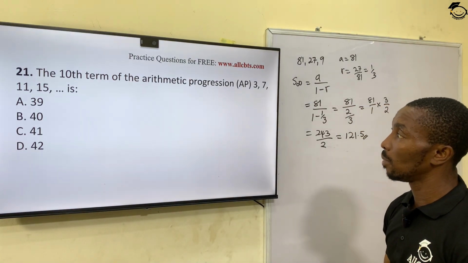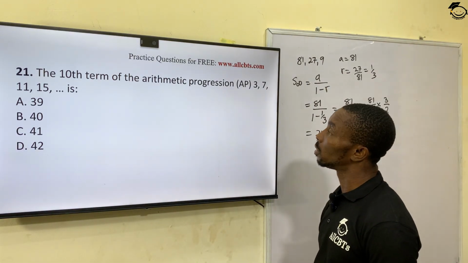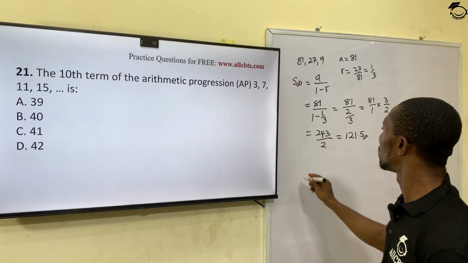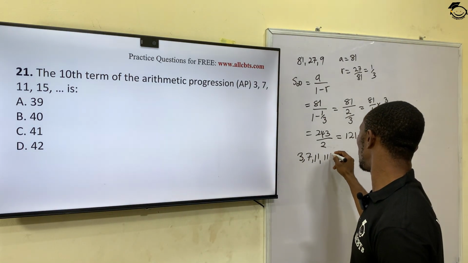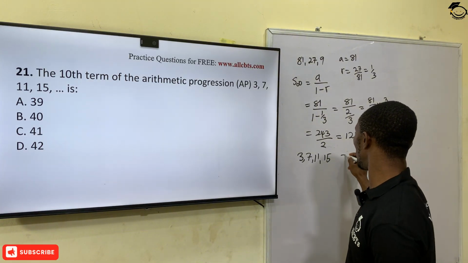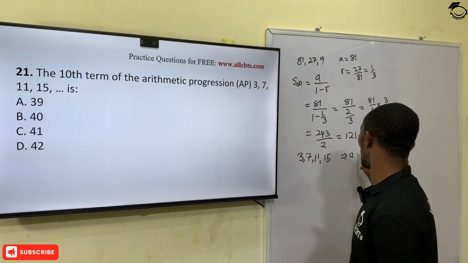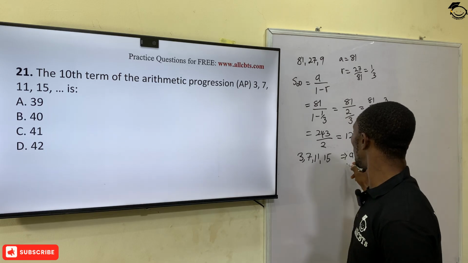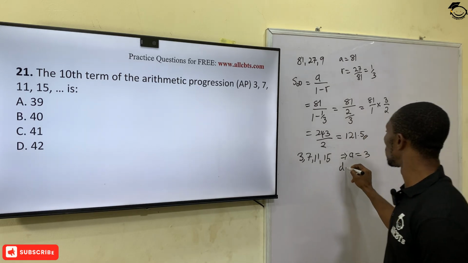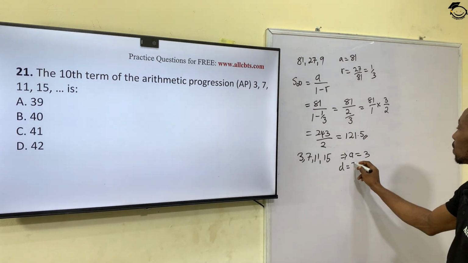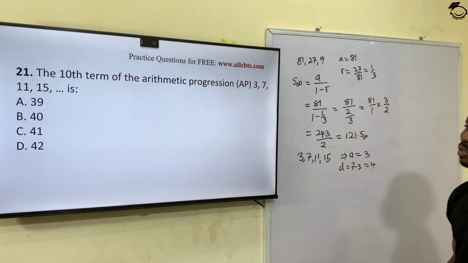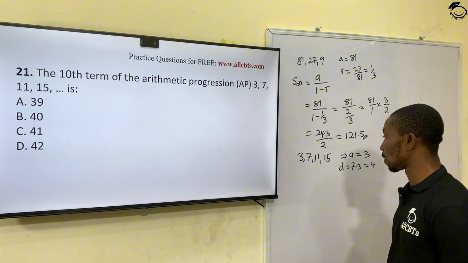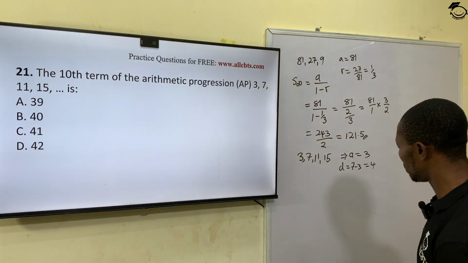The 10th term of an arithmetic progression AP is, we have 3, 7, 11, 15. Our first term here is 3. Our common difference D would be 7 minus 3, which gives us 4. And we're asked to find the 10th term.